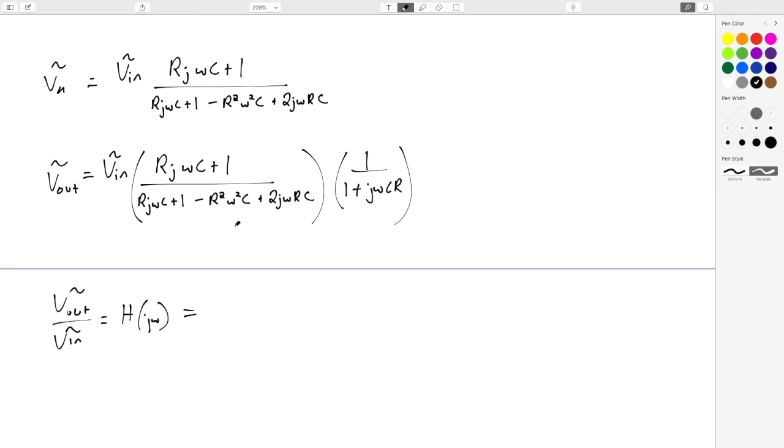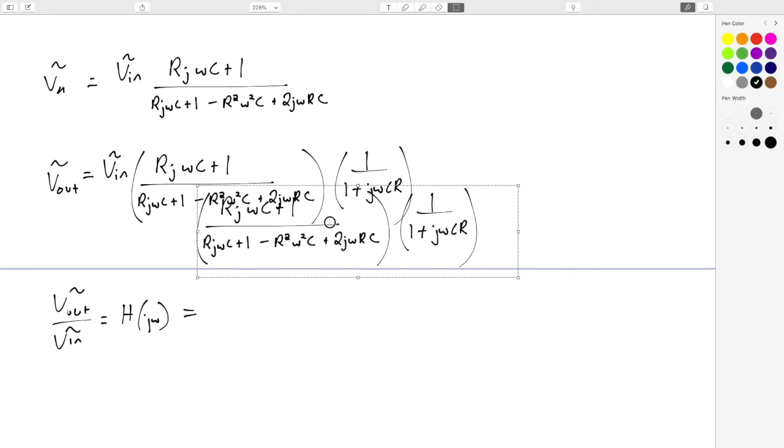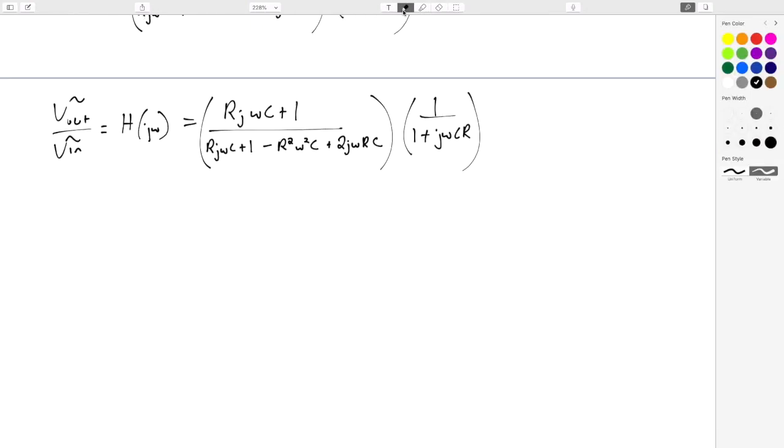And then let's copy this thingy down here again. Okay, and let's look at this messed up thing. Ooh, actually, wow. Look at that. These cancel. How about that? Oh, this isn't too bad now, right? H of j omega is going to equal 1 over... Oh, this is looking pretty good.